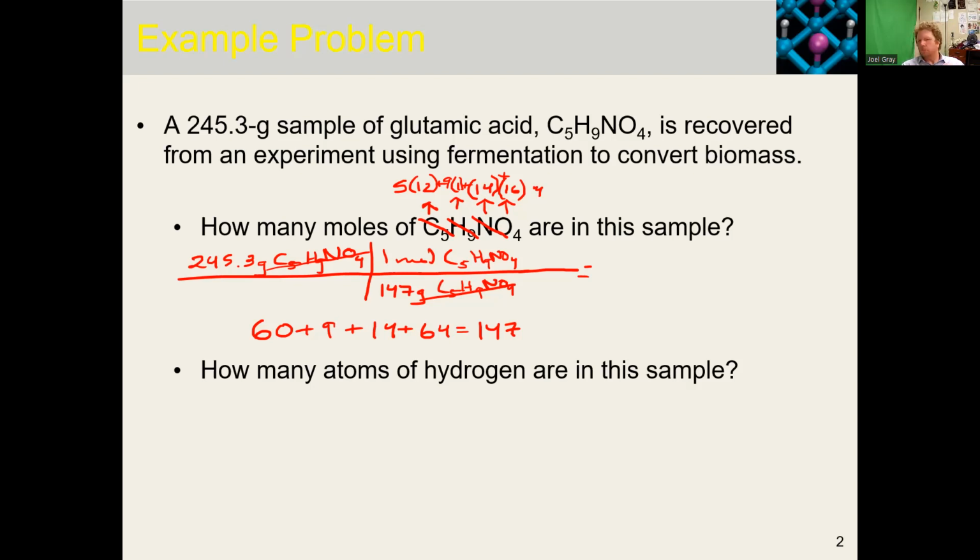Do we have exactly 1 mole? Do we have more than 1 mole? We have more than 1 mole, okay? So we'll do 245.3 divided by 147 equals 1.668, which I'm going to go ahead and just call 1.67 moles of the substance.